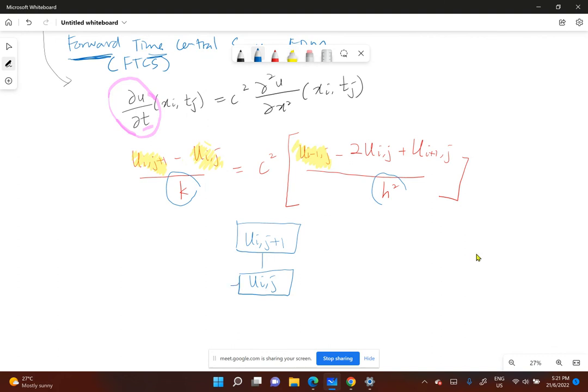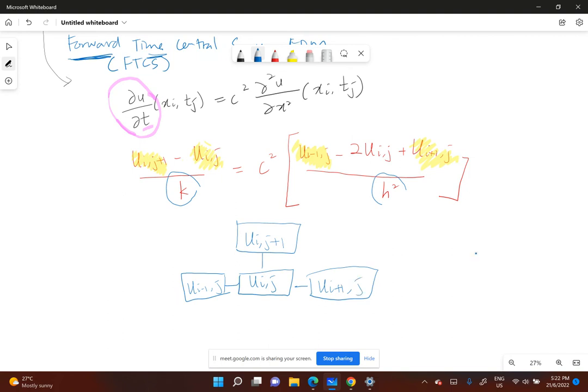Kita ada sini pula, uij. And this one, ui plus 1j.